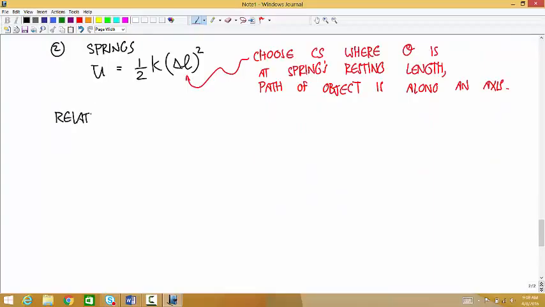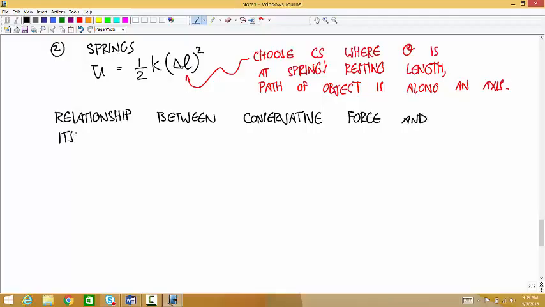So now there's an important relationship between potential energy and the force applied by that conservative force. Let's call this a potential energy function.